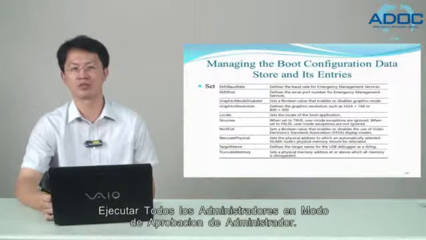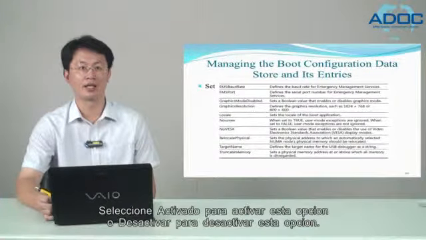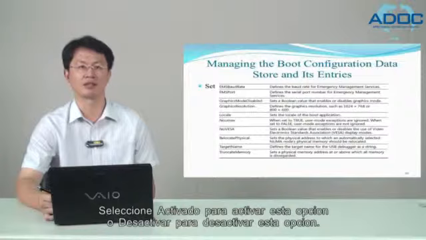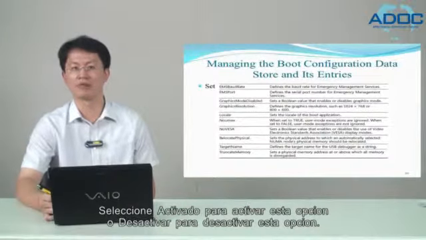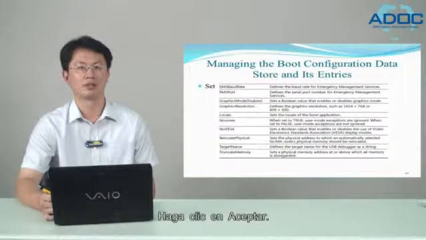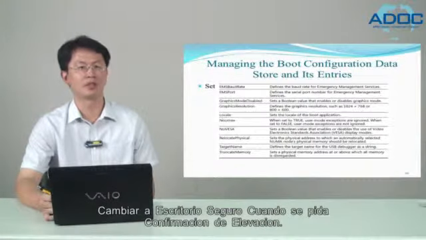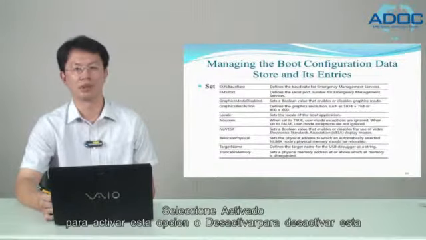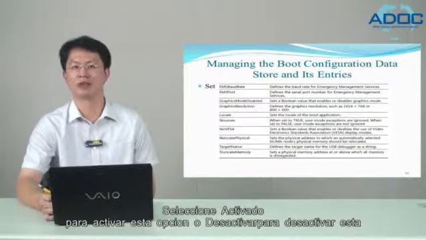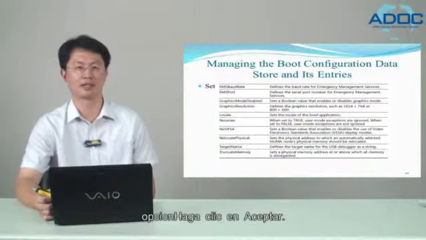Run all administrators in Admin Approval Mode: select Enabled to turn on this setting or Disabled to turn off this setting. Click OK. Switch to the secure desktop when prompting for elevation: select Enabled to turn on this setting or Disabled to turn off this setting, and click OK.